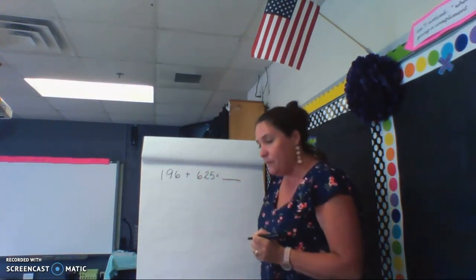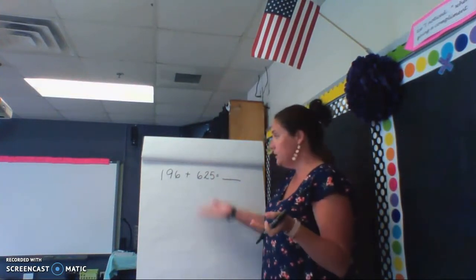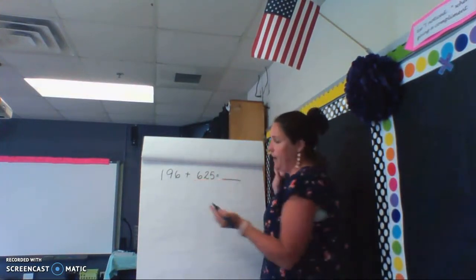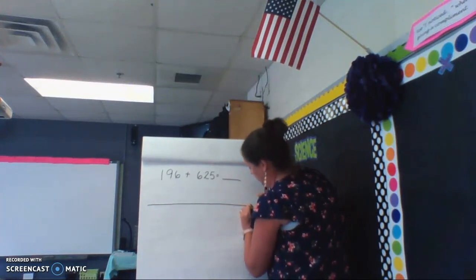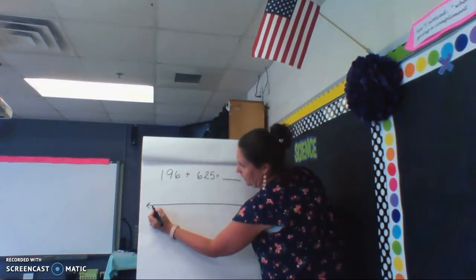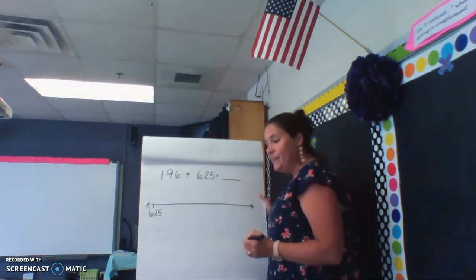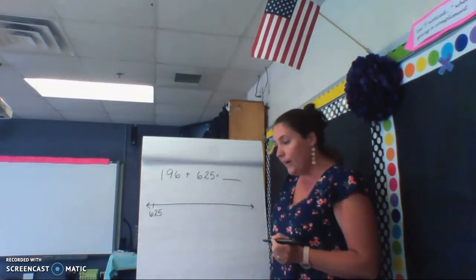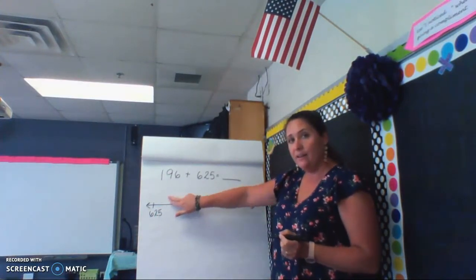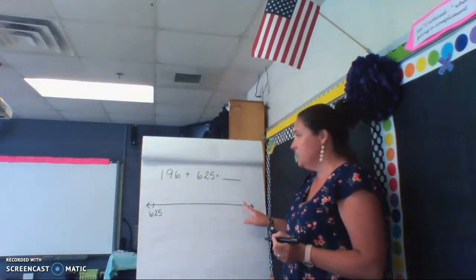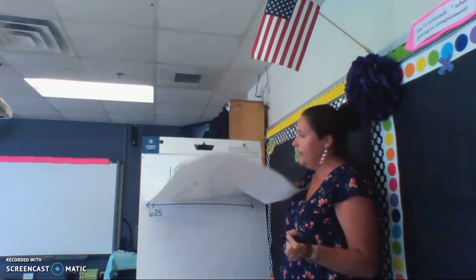All right, so maybe we did a number line and you started with the biggest number, which is 625. So we've got our number line. And we put 625. Now we know that we have to add 196 to 625. And when we do that, all the way over here, it's going to give us the final answer. And if we do it correctly, we should get the answer of 821.